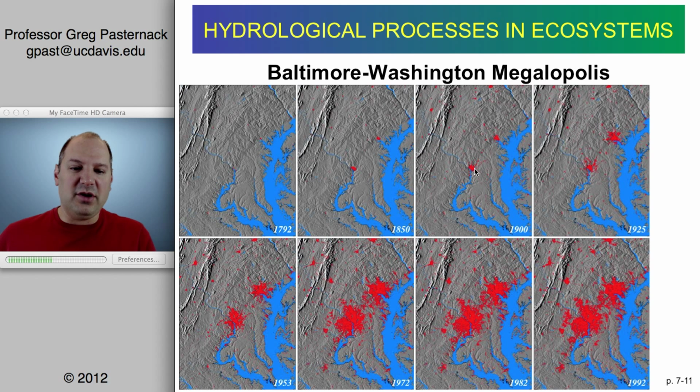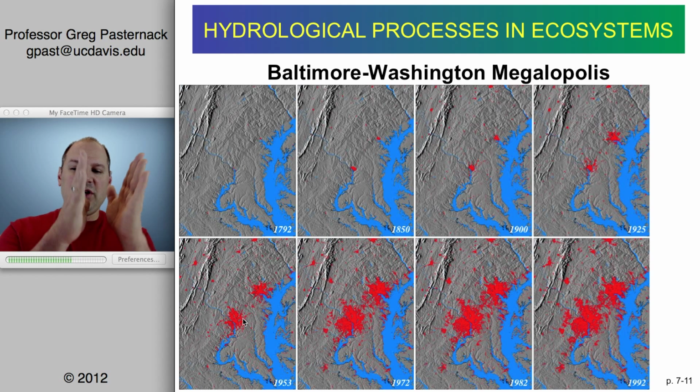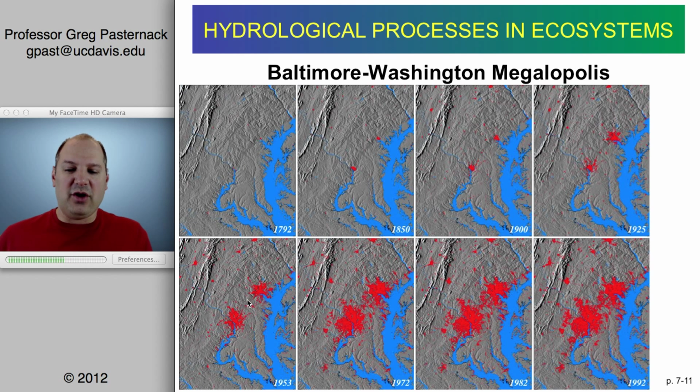And then there are some roads that are there, but by 1925, the roads are really taking off. And over time, we see this dual process of the concentric city itself growing, but also the radials that are growing out as well. And you can see that Washington grows faster than Baltimore, and that by 1992, they're pretty well merged into one overall megalopolis.